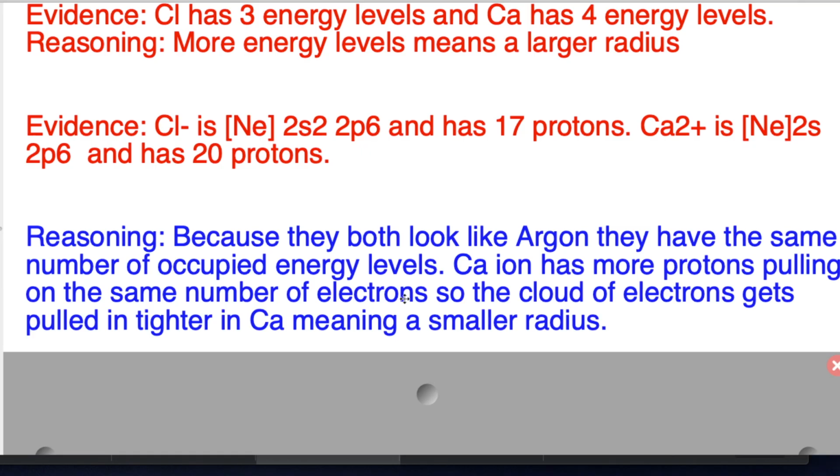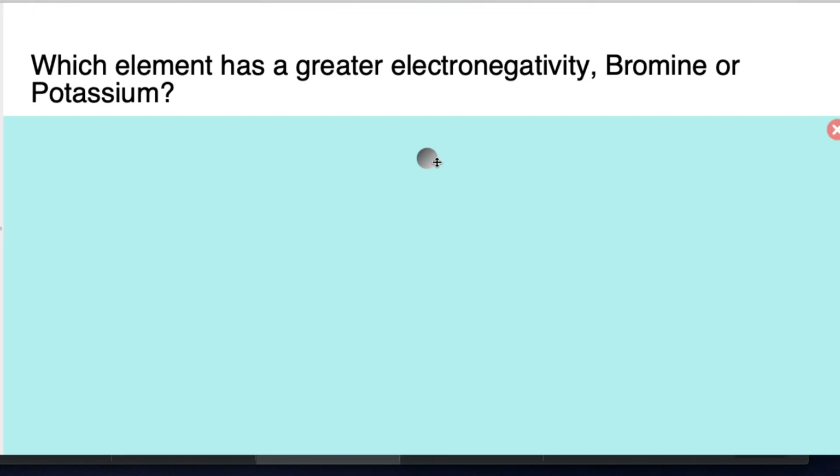If the discussion was about radius and you had totally different numbers of layers of electrons, you don't worry about the protons. You just say, this one has more occupied energy shells or more occupied energy levels, thus it's bigger.